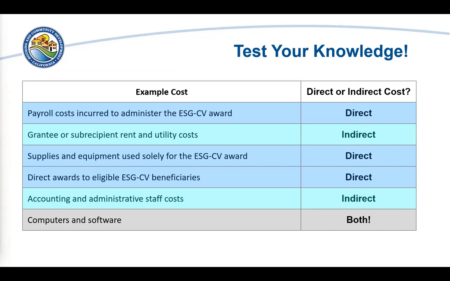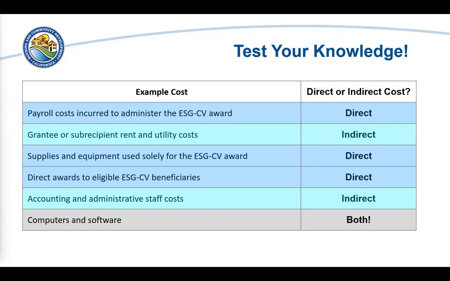Your government building, your gas and electric, your entire accounting and payroll departments, they're not just working on ESG CV all day long. They had a lot of things going on before this grant came in, and they've got a lot of things going on afterwards. Those are indirect costs because it is difficult to figure out who worked how many hours on just the ESG CV award for this period of time. It's too complicated to really try and parse all those costs out.